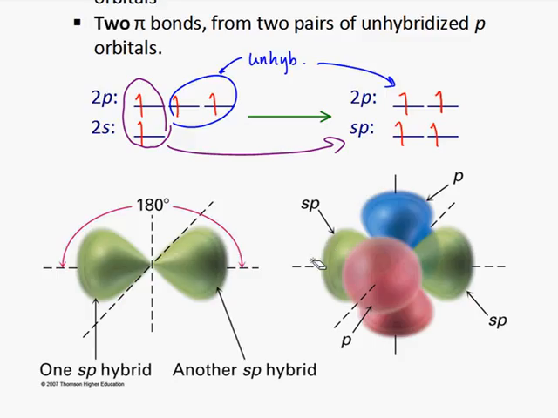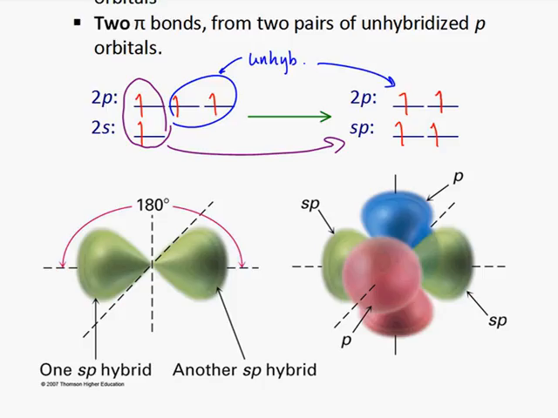Well, I've got these 2 sp hybrids on one of the 3 coordinate axes. One of the p orbitals will be on another axis, the other p orbital will be on the other axis. So having an sp hybrid, it actually doesn't look too much different from just having 3 p orbitals, except we've mixed in that central s orbital in with one of the p's. So it changes its shape just a little bit.